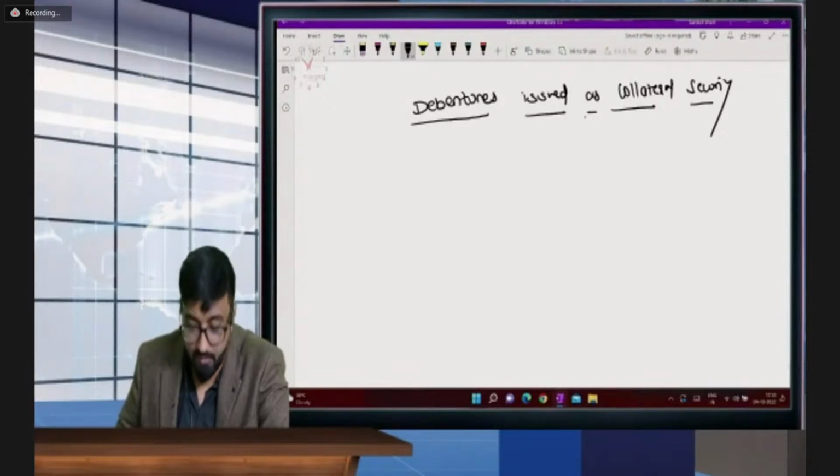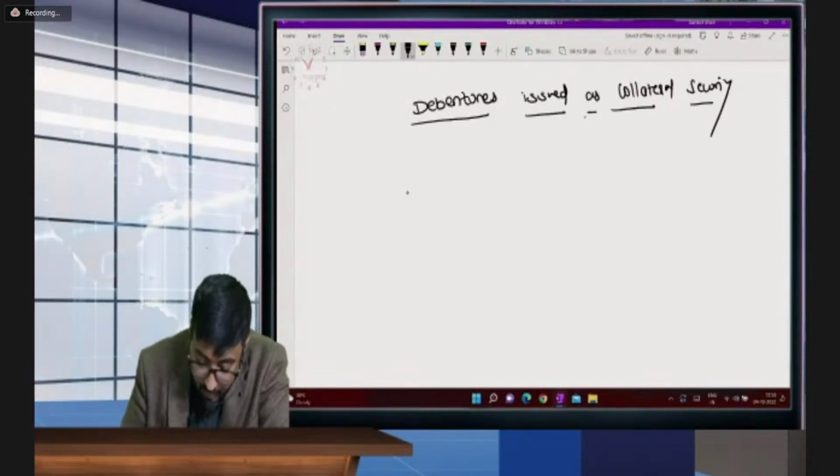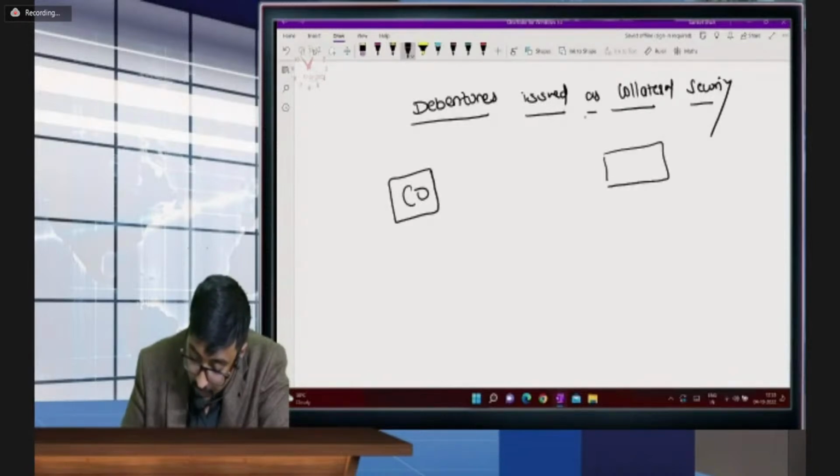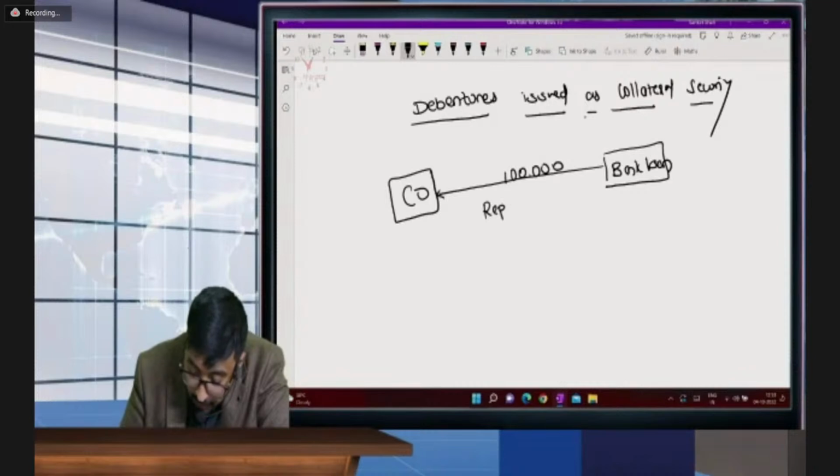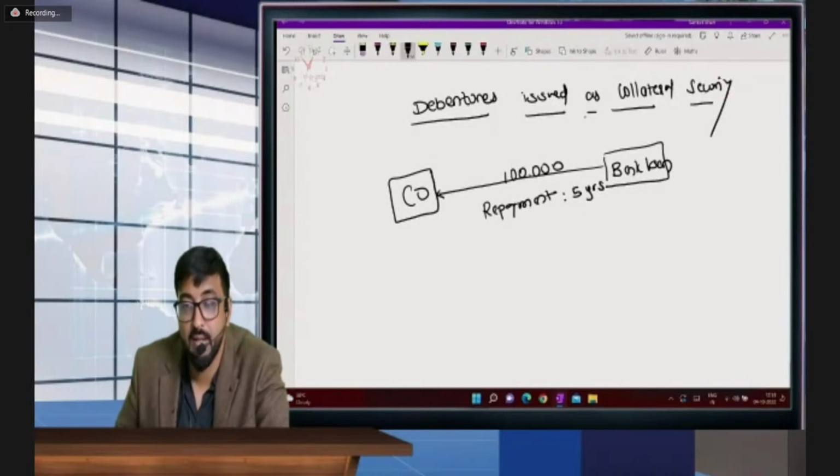Now what is the meaning? Here is a company, bank loan. Company has taken 1 lakh rupees loan from the bank. Repayment is after 5 years.